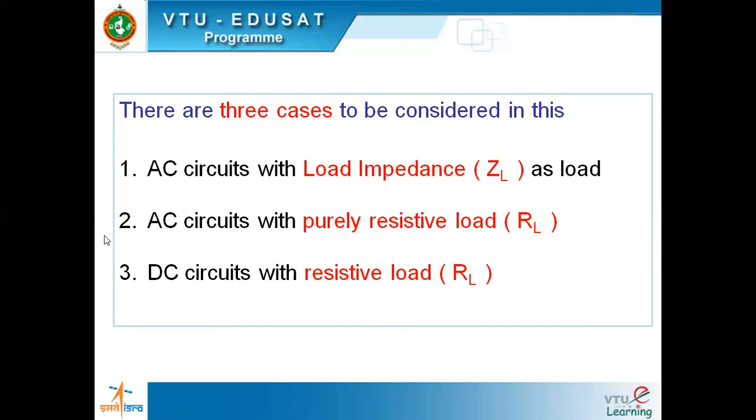Case number two, AC circuits with pure resistor as the load. Third one is DC circuits with resistive load. The third one is the easiest because dealing with DC circuits is very easy compared to AC circuits. Okay, the same applies here also.